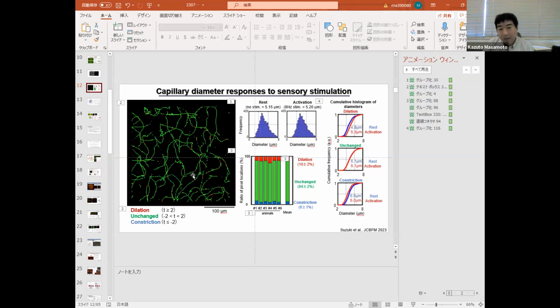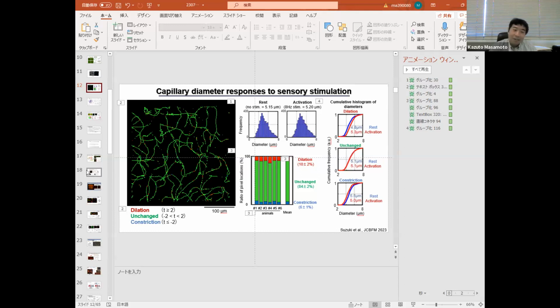If the capillary diameter change is high enough, then we can map this. But my impression is that the diameter always fluctuates, and the change due to neuron activity is still small, not coding the neurons' information.